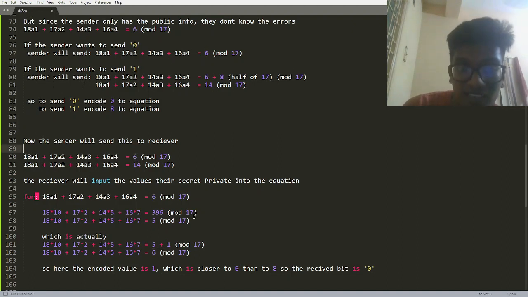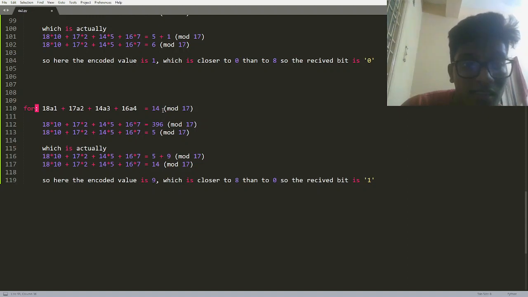So this means that this received answer is actually 0. Since that induced error is closer to 0, we can identify that the sender has not encoded or added any value to the final answer. So from this we can identify that the bit I have received is 0.